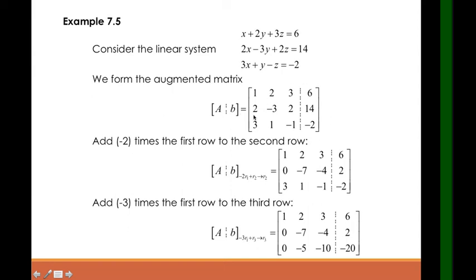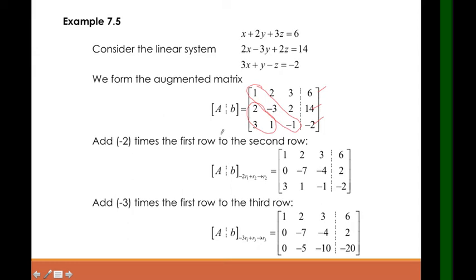So, yung 1, 2, 3, 6, 2, negative 3, 2, 14, 3, 1, negative 1, negative 2, ito yan. Next, ang target natin ngayong class is maging 1 itong mga to, tapos maging 0 yan. Okay, yun ang target natin para makuha natin yung value ng tatlong yan.